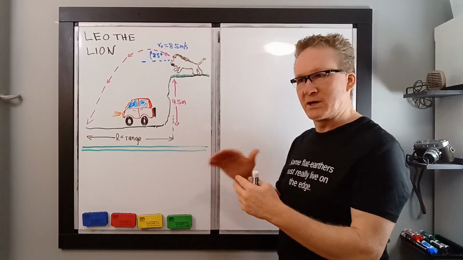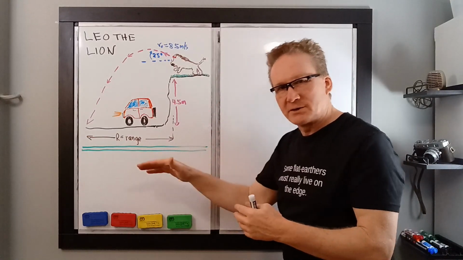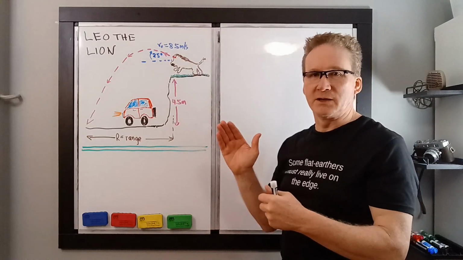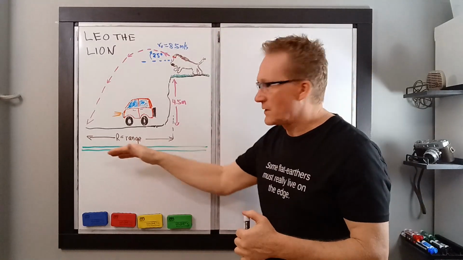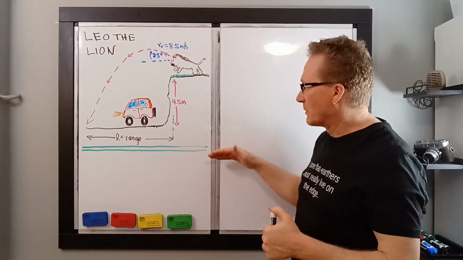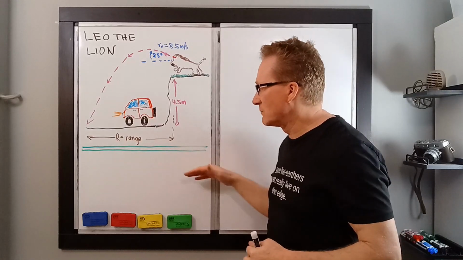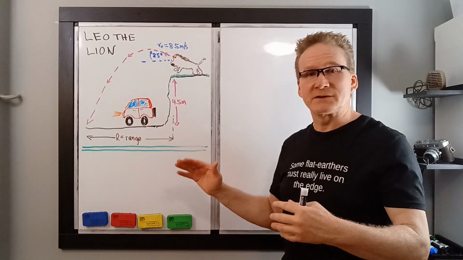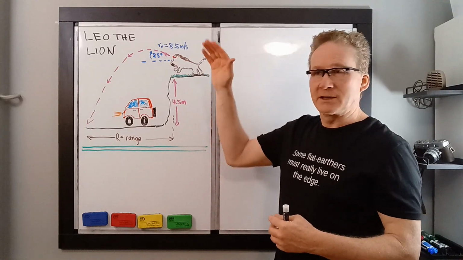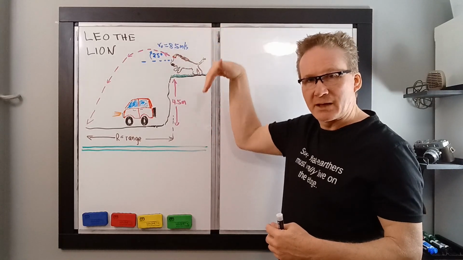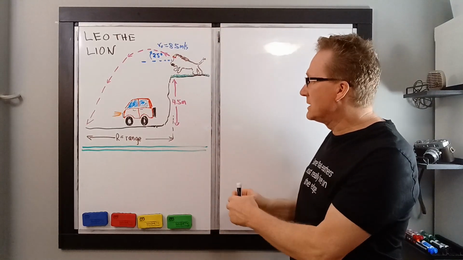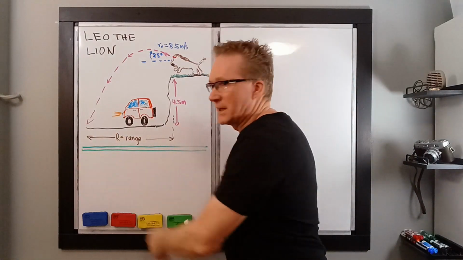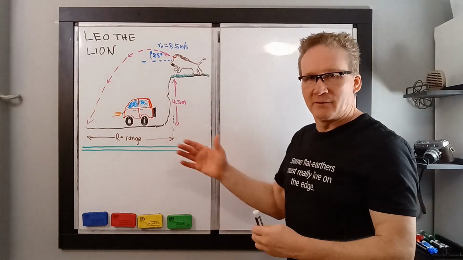Any force that acts on the horizontal probably does not act on the straight up and down, the vertical. Gravity only acts up and down. In this direction, there are no forces in this case, so whatever velocity you have in the x direction will continue on forever. The only thing that stops it is when the projectile, in this case the lion, goes to the peak, comes back down and lands on the ground straight up and down. That will end the motion and hence end the horizontal velocity as well.